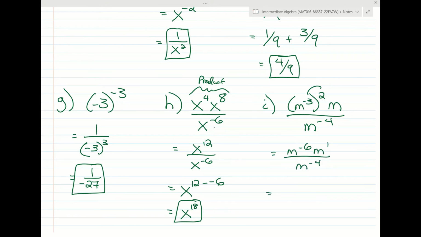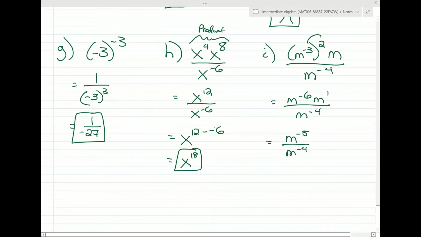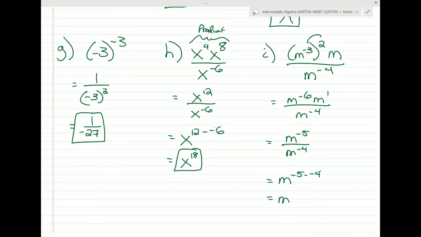We'll just kind of slowly start to chip away at this. We could use the product property on top. Negative 6 plus 1 is negative 5. Then negative 5 minus negative 4 is negative 5 plus 4. Our answer would just be 1 over m.